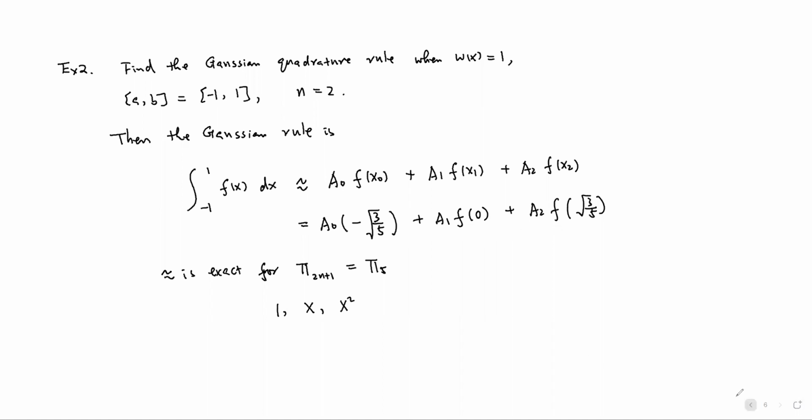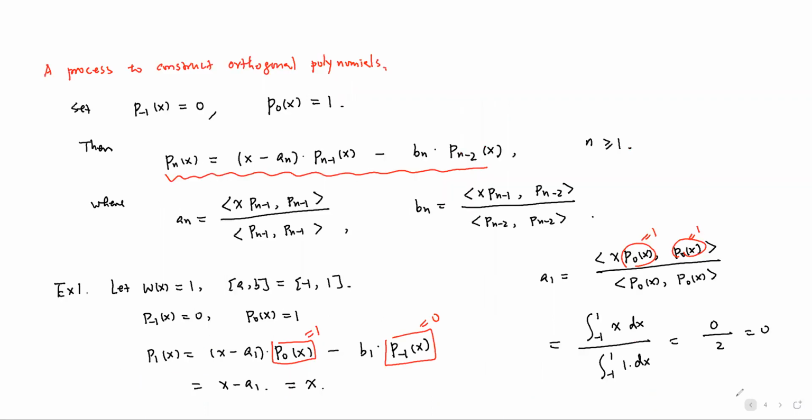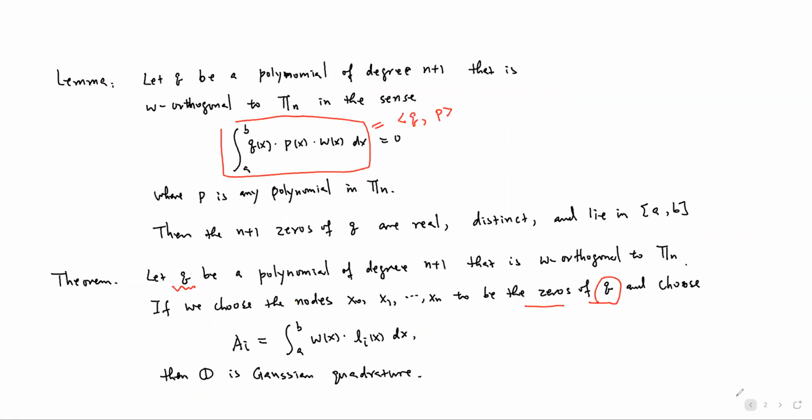Or if you don't use the method of undetermined coefficients, you can use the formula in the theorem. The theorem says that the nodes are the zeros of orthogonal polynomials, and the coefficients Ai can be computed by this integral.